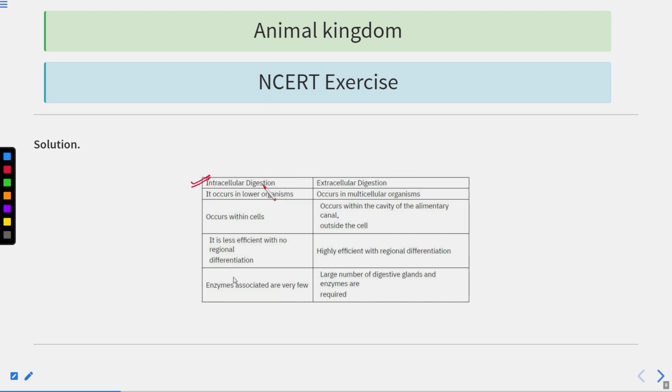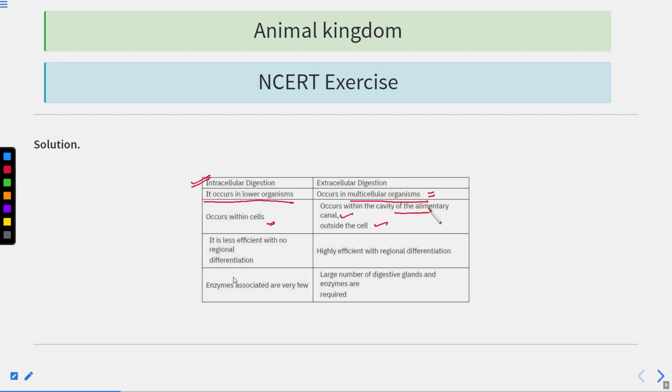Intracellular digestion occurs in lower grade organisms, unicellular organisms, and extracellular occurs in multicellular organisms, right? Intracellular occurs within the cells. And extracellular occurs within the cavity of the alimentary canal, outside the cell. It is not occurring inside the cell, it is occurring outside the cell, right?